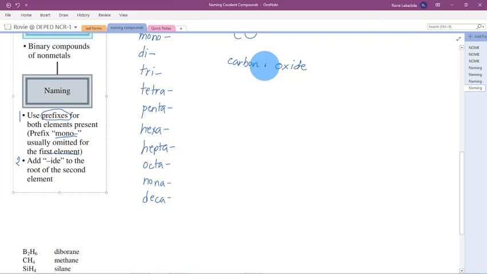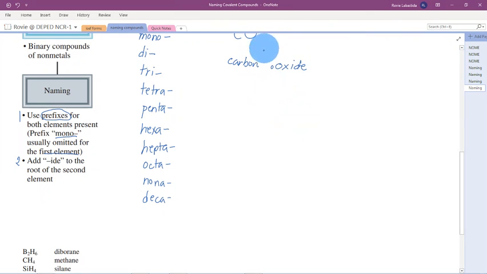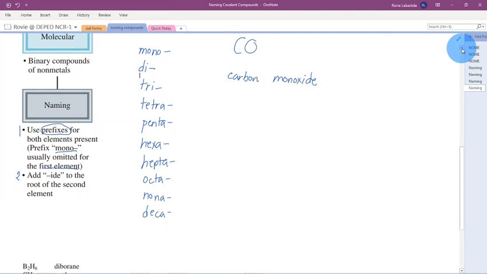So we will use mono for the second element, and that will become monoxide. Therefore the name for this compound is carbon monoxide, not monocarbon monoxide. Mono should be omitted for the first element. Mono here means that there is only one atom of oxygen.